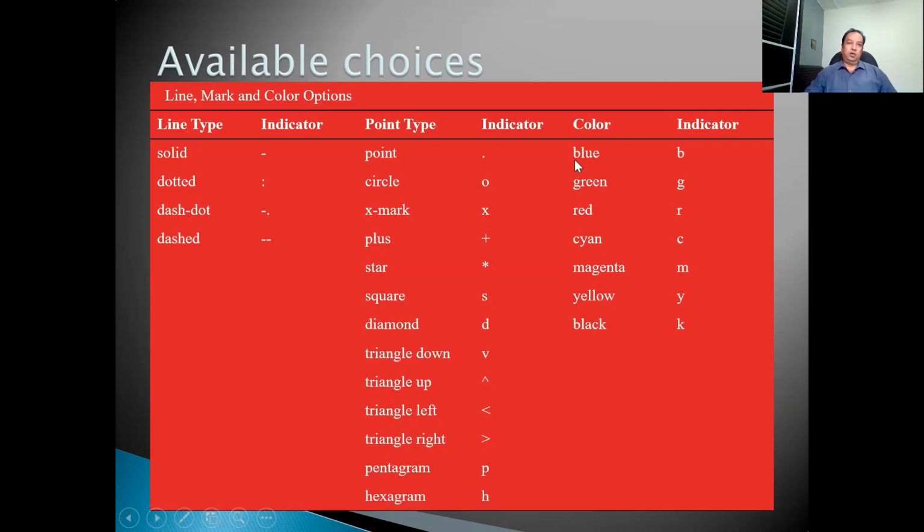If you want the line to be blue, just write B, green G, red R, cyan, magenta, and yellow, and for black color K. So out of these patterns, you need to select what pattern you want your line to have in the Matlab graph.